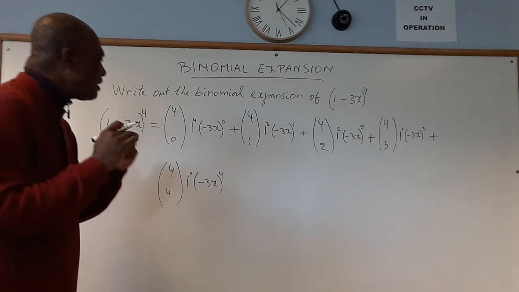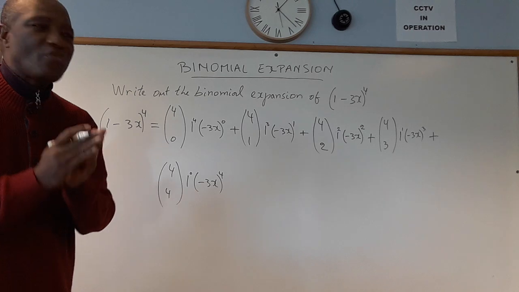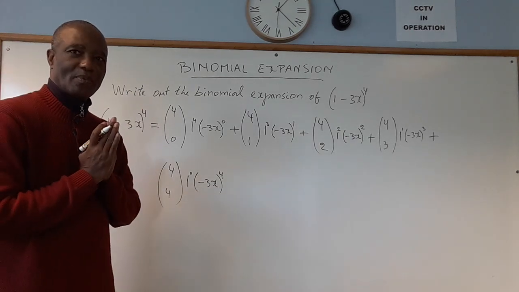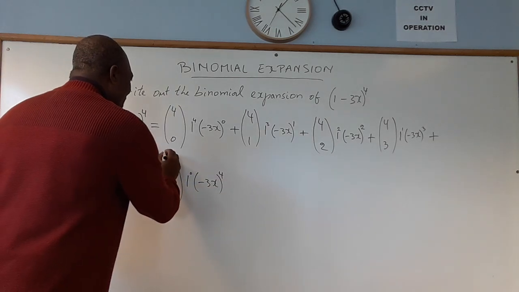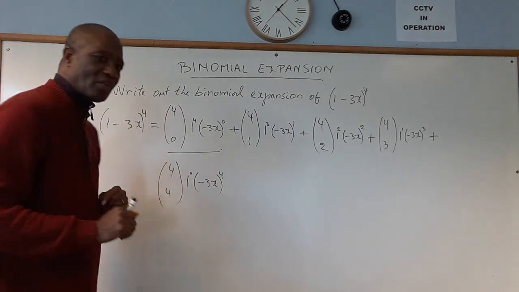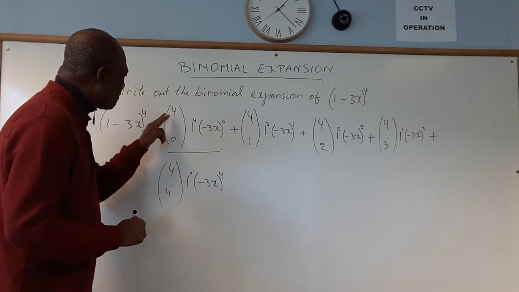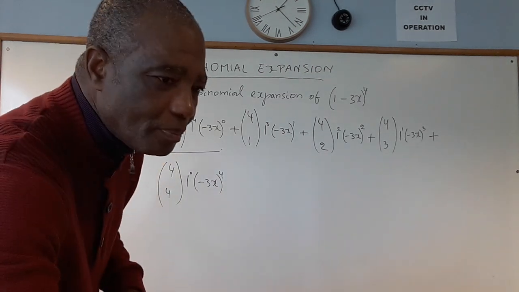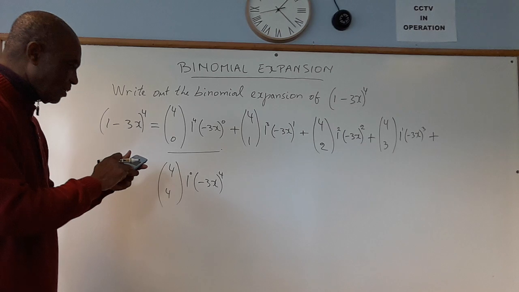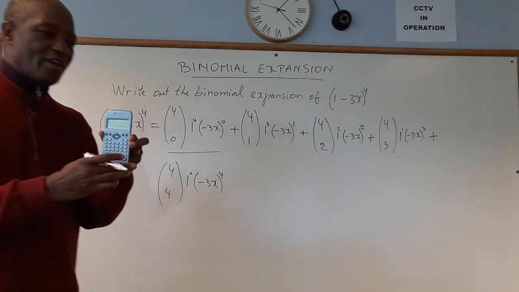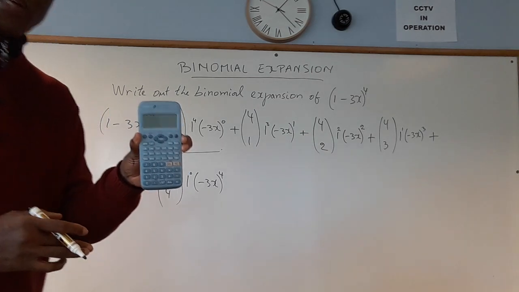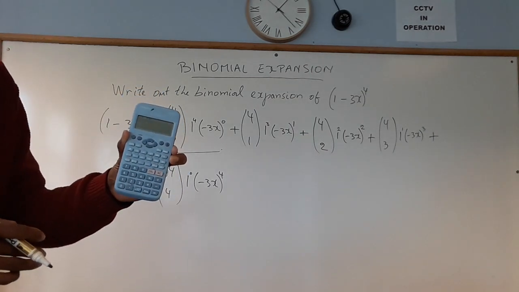Now, we need to calculate the value of each term. What will be the value of each term? Let me calculate the value of the first term that we have there. So the bracket that we have there, to calculate its value, just take your calculator. I have a Casio calculator here.